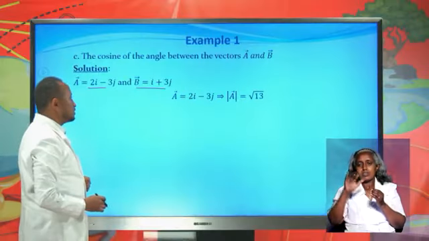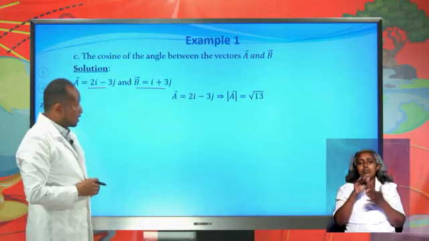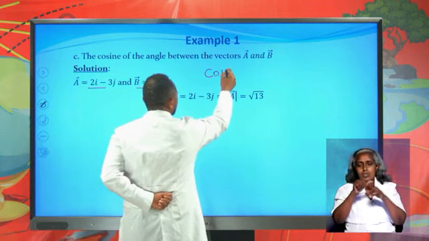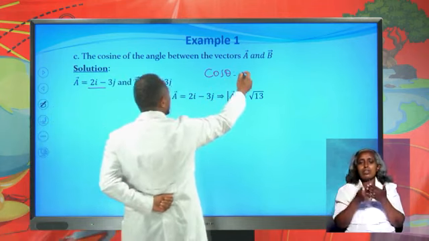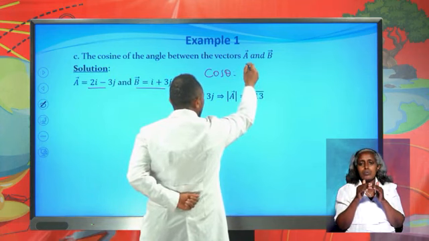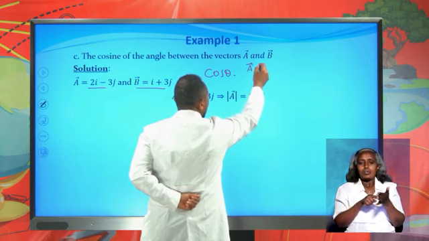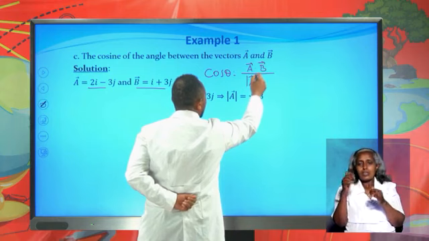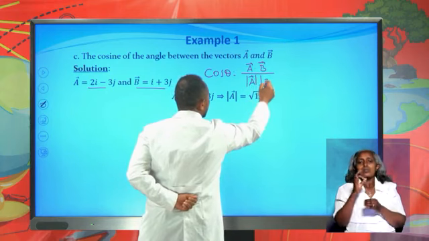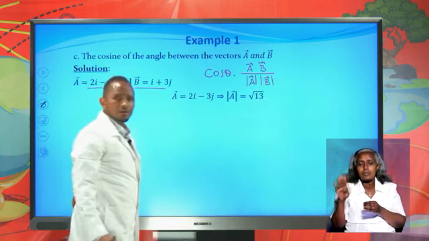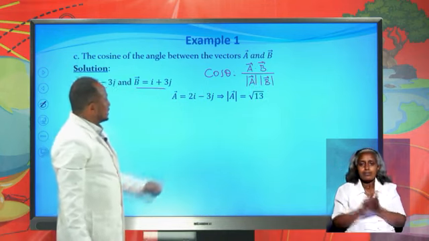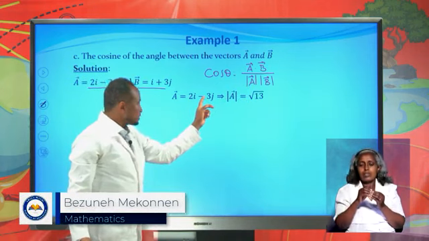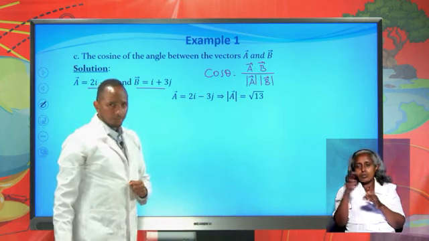To find the angle between them, we use the formula: cosine theta equals A dot B divided by magnitude of A times magnitude of B. So, the magnitude of A is the square root of 2 squared plus minus 3 squared, which gives square root of 13.